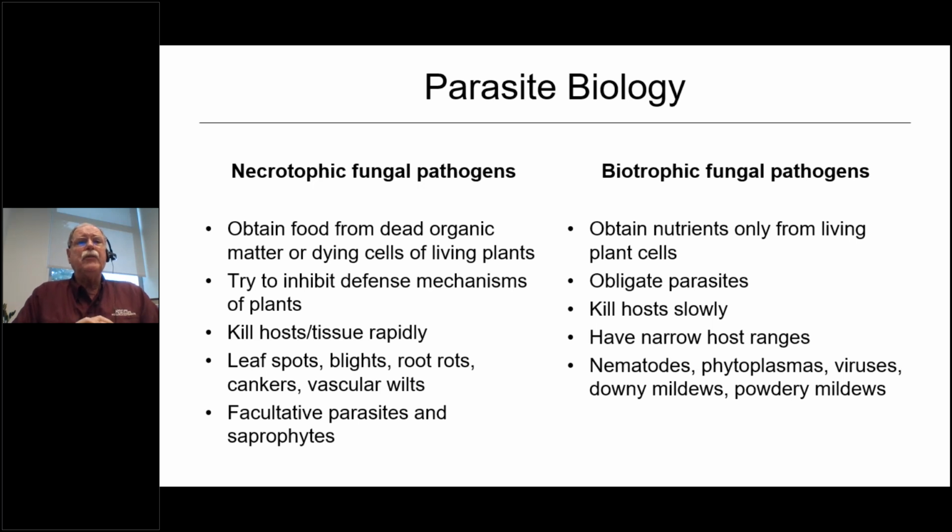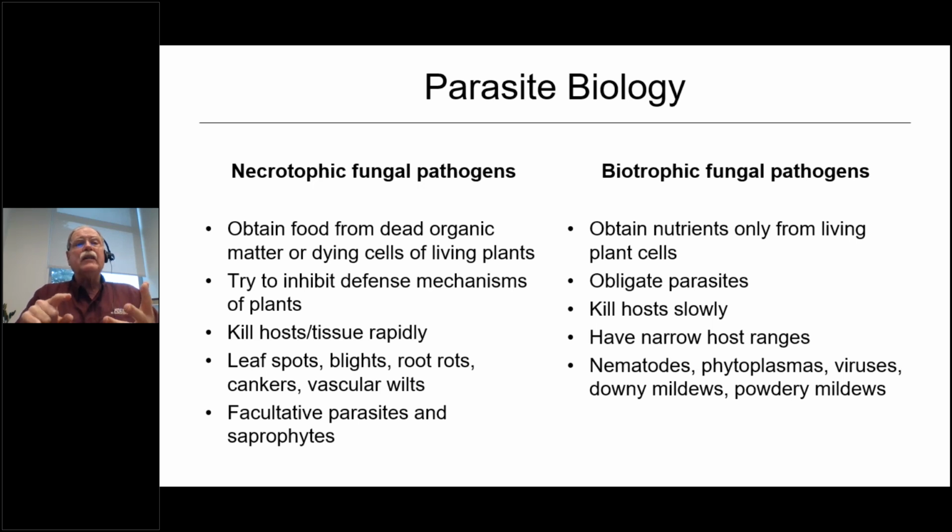Necrotrophic fungal pathogens obtain food from dead organic matter or dying cells of living plants. Necrotrophic fungal pathogens try to inhibit the defense mechanisms the plant is going to have, like I said, chitinases, proteinases that the fungus has.